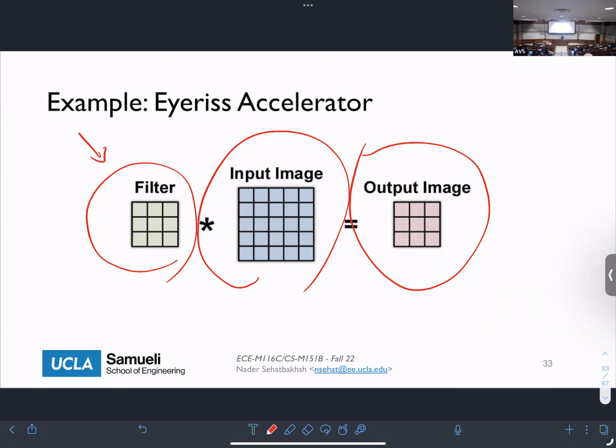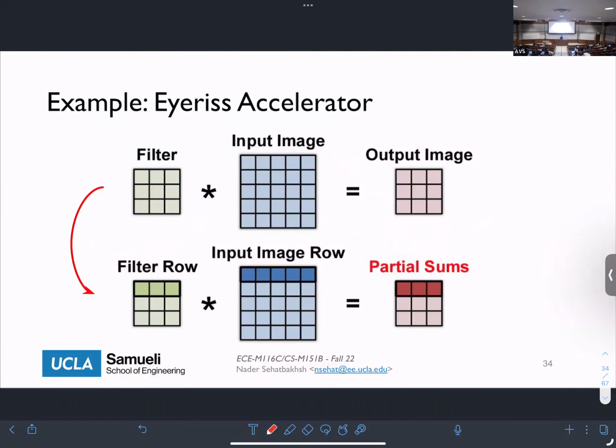What you need to do is take the input, multiply this, add it, and then go to the next one, and the next one, and that would be basically your neural network. Very simple description of a neural network. If you have taken any machine learning course, you'll learn more about that. But for now, we don't need to care about how a neural network works. Let's say this is the problem that we want to solve, and Eyeriss can solve this problem for us.